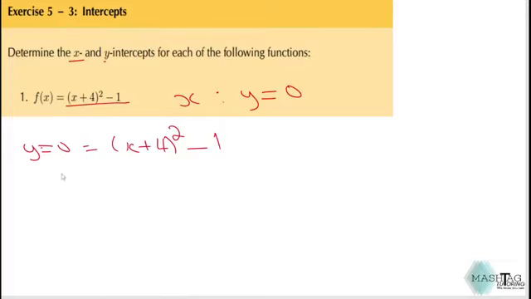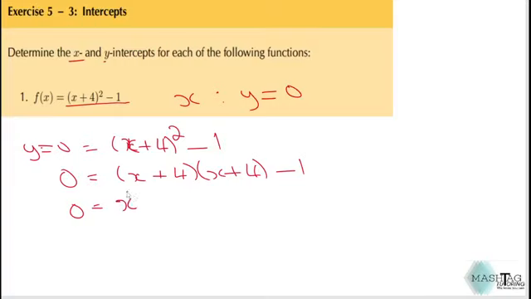So what you need to do here is determine the value of x when y is 0. To do that, we need to expand this, where you will have x plus 4, because it's squared, x plus 4 into x plus 4, minus 1. Then we simplify everything, where we have x squared, plus 4x plus 4x, then minus 1.